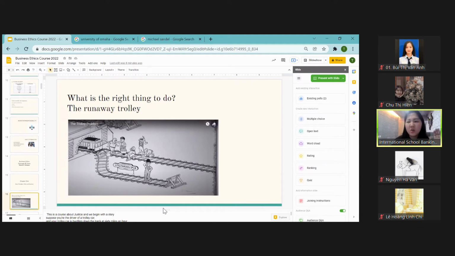Okay, so you are nervous, you cannot stop the trolley. Okay? And if you do nothing, the trolley is going to crash into the 5 workers and they will all die.